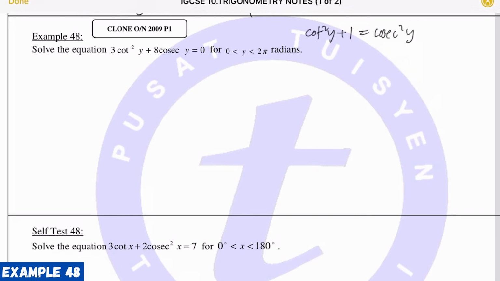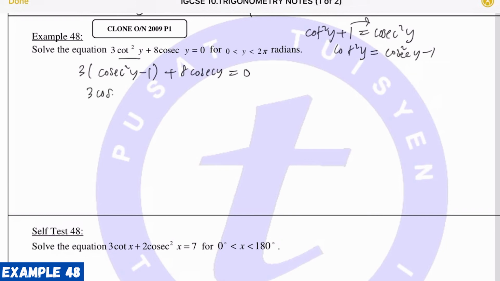Now this is the third formula for basic identity. So we're going to sub inside. But before I sub inside, I bring this over first, because I can see the one having square is cotangent. So we're going to change the one with square. So this will be 3 times inside cosecant square y minus 1 plus 8 cosecant y equals 0.